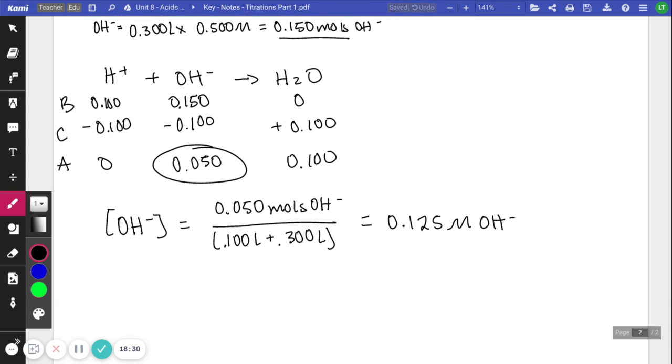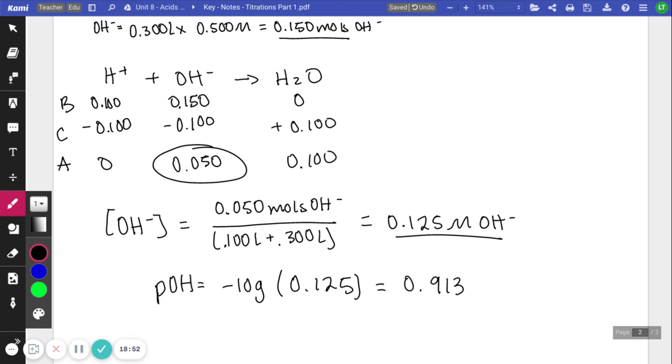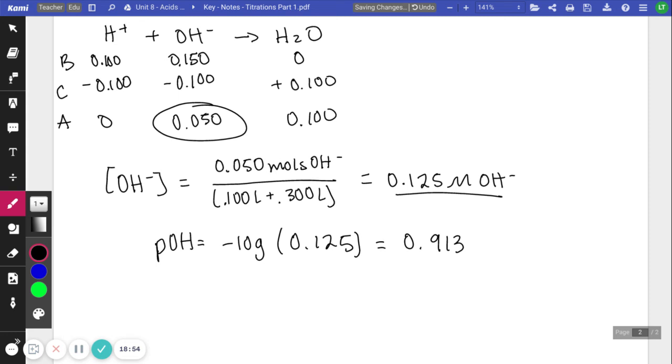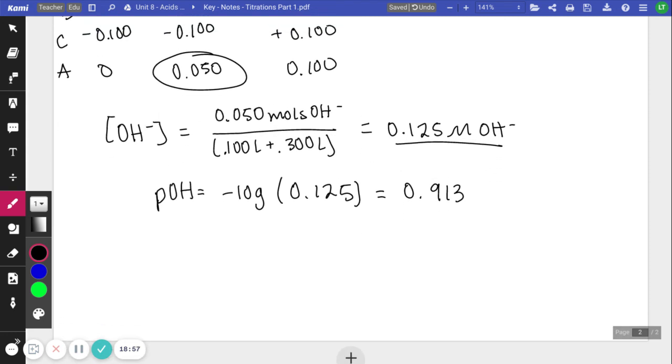Now it wants us to calculate the pH. So since I have my hydroxide ion concentration, I can actually solve for my pOH. pOH is equal to the negative log of our hydroxide ion concentration, which is 0.125, which gives me a pOH of 0.913. pH plus pOH should equal 14.